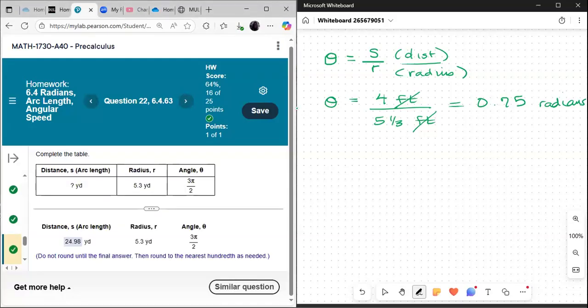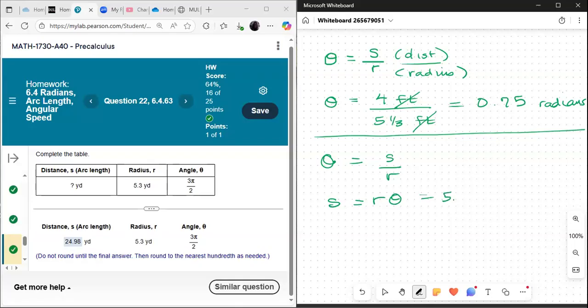Okay, and number 22, it's looking for the distance in yards. The radius is also in yards, that's good. So theta is the distance over radius. So the distance is r theta, which is 5.3 yards times 3 pi over 2 radians.